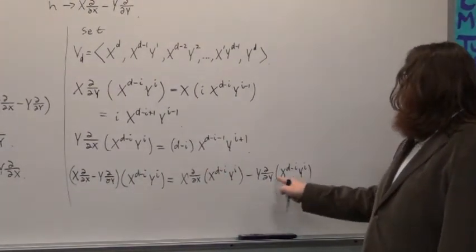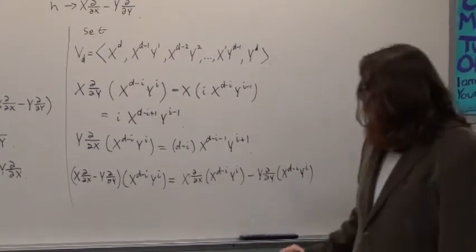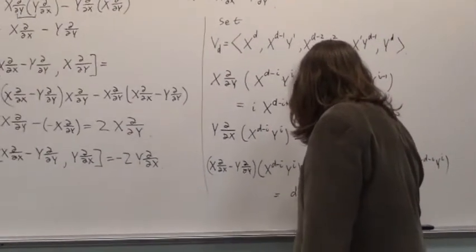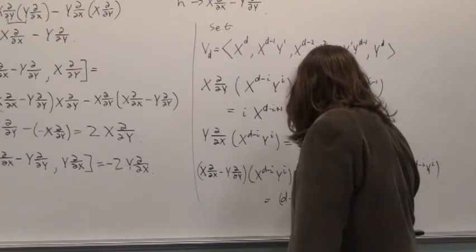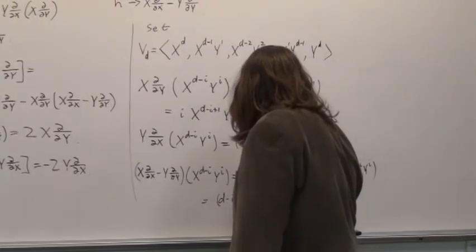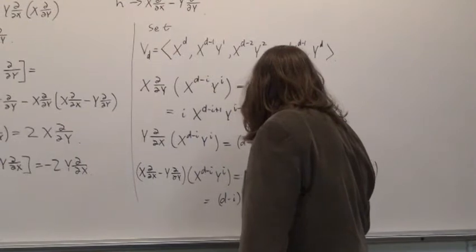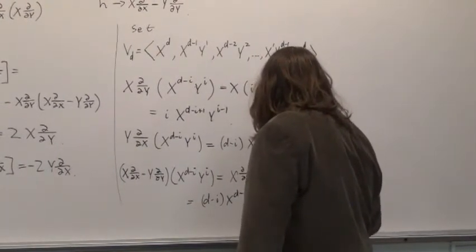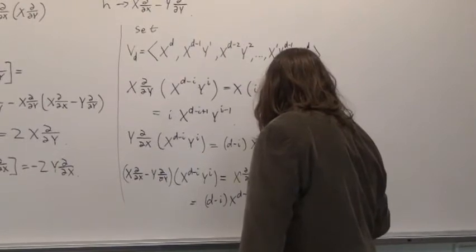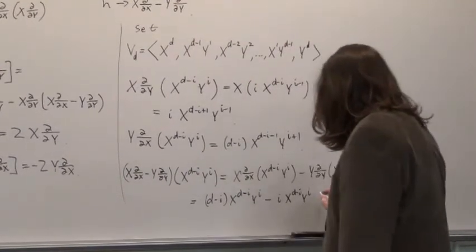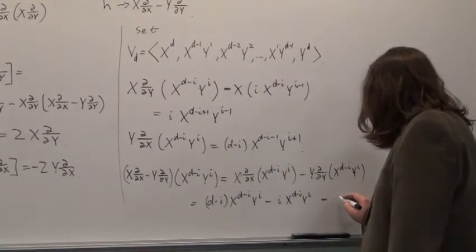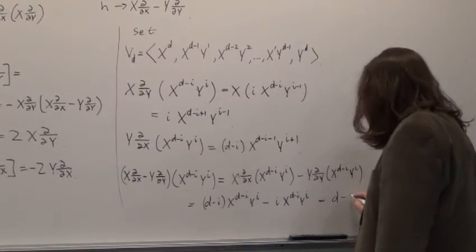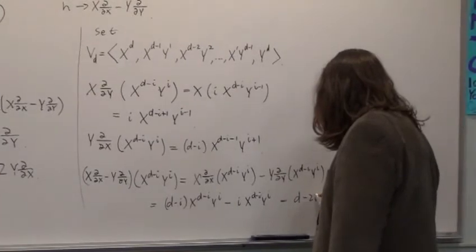Differentiate with respect to y, multiply by y, I pick up a constant again. So the question is, what constants do I pick up? Well, in the first case, I get a d minus i. And in the second case, I get an i. So the end result is I stay exactly the same, except I pick up a multiple of d minus 2i.